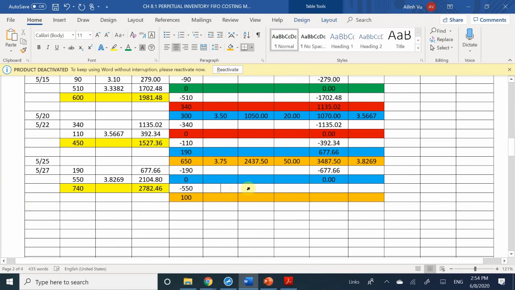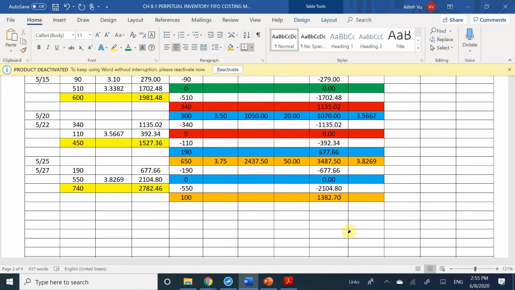And then we subtract how much? 2,104.80 to give us a remaining of how much? 3,487.50 minus 2,104.80. Yeah, I got $1,382.70. That is what I got as well.